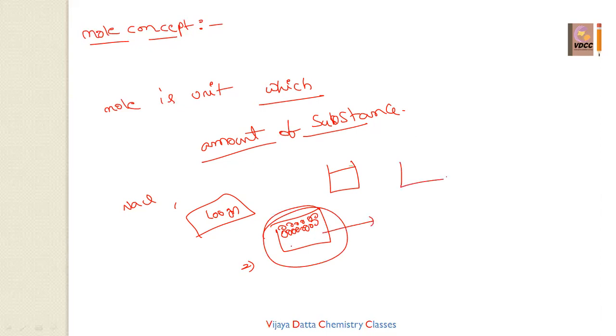But if you take 100 grams or 10 grams of NaCl, table salt, and they ask how many NaCl molecules are present, we cannot answer because we cannot count atoms and molecules. If you have 100 rupees and they ask how many 1 rupee coins you can get, we can give the answer.